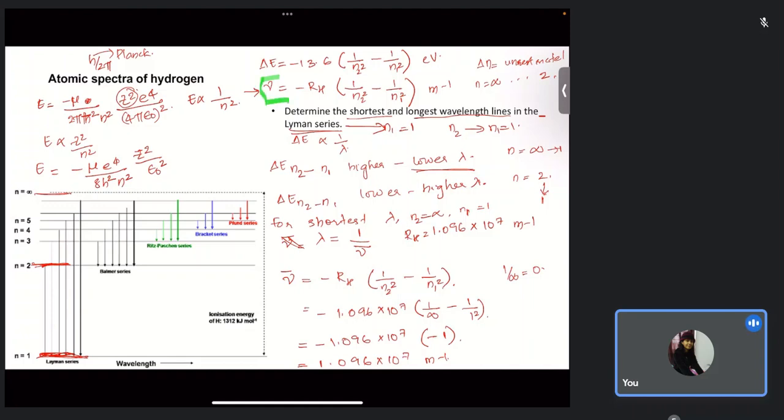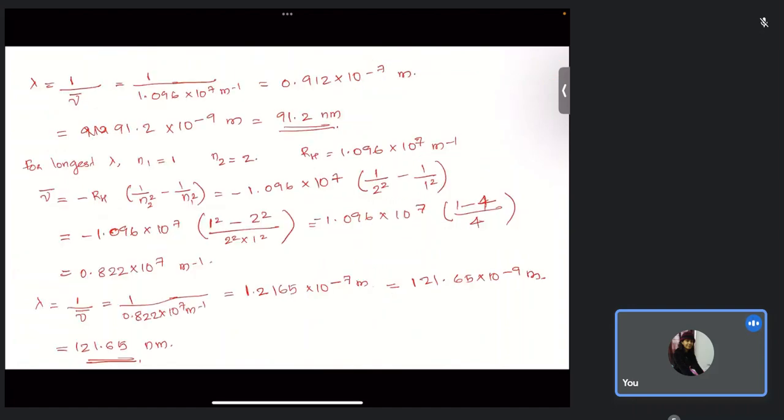For the longer wavelength, we found the wavelength associated with n2 is equal to 2 to n1 is equal to 1. For the shortest wavelength, we found the wavelength associated with the transition of n equal to infinity to 1.